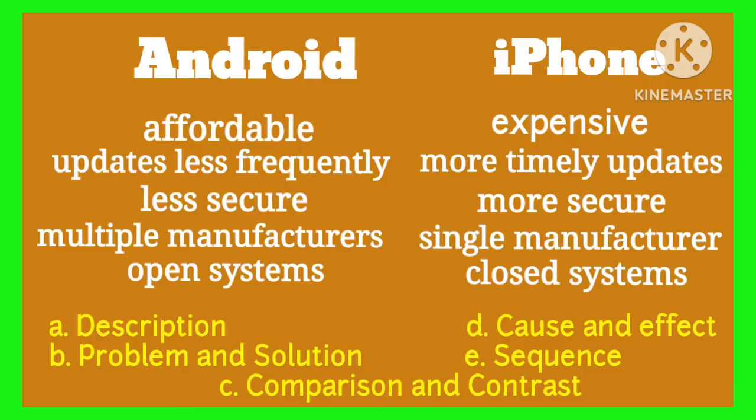What kind of informational or factual text is this? The correct answer is, very good, C. Comparison and contrast.